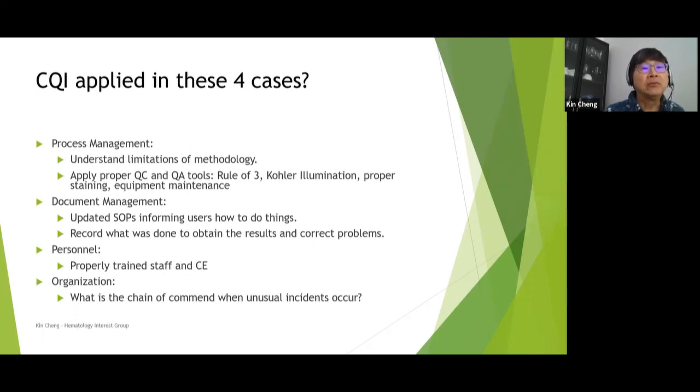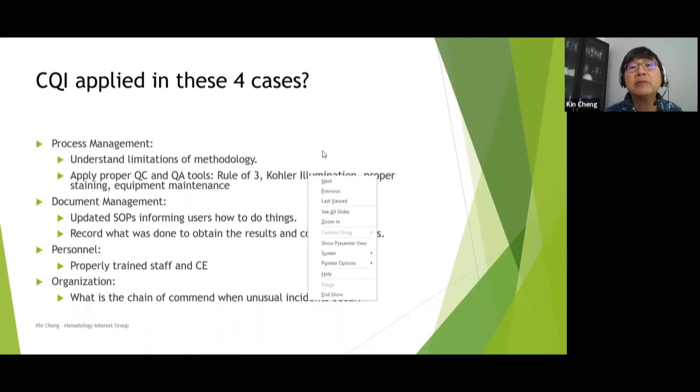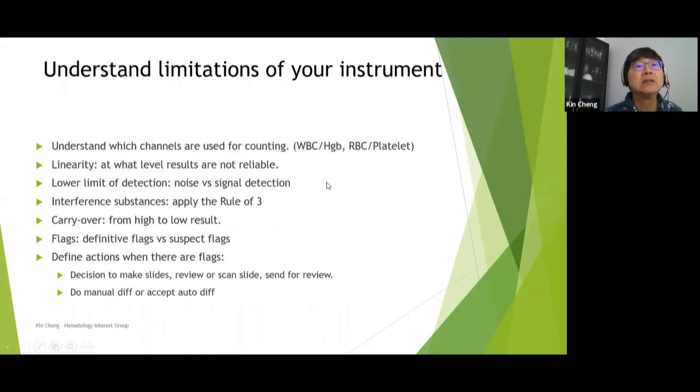Okay, so let's see again. I talked about when you buy a piece of instrument, you have to know the limitations of the instrument. Before you put the instrument to use, you have to do all the things listed on this screen.